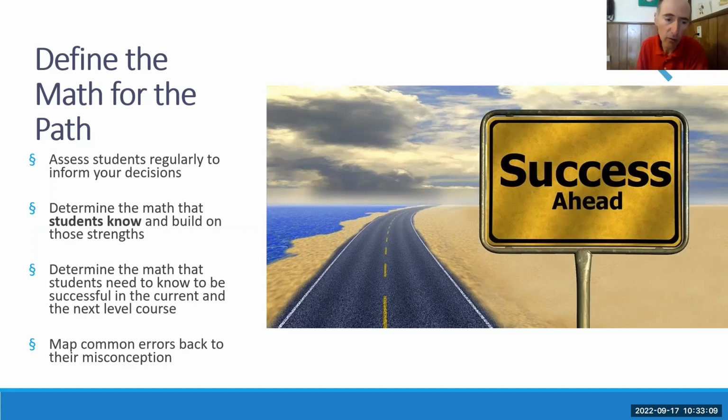If you can, you should try to look at the common misconceptions or the common mistakes. For example, if there are some skills that are lacking, try to map them back to whether there is a misconception that leads to these errors.